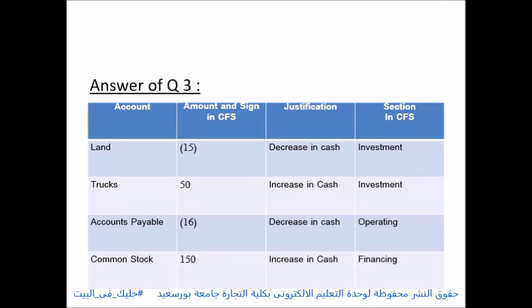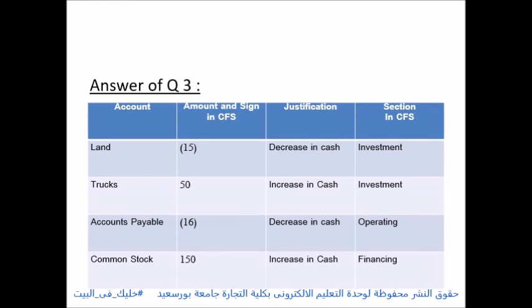Both these two items are assets. Accounts payable, the balance has decreased during the year by 16,000 because we have paid the creditors an amount of 16,000, accompanied by decrease in cash. Accounts payable change should be posted in cash flow statement, operating section, the first section.